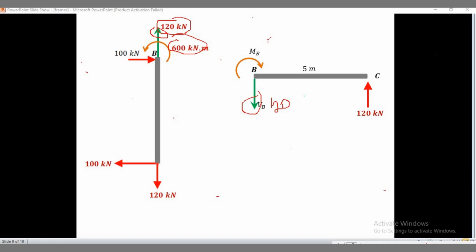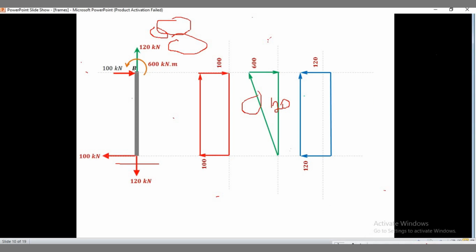Then, kapag nakuha na natin yung ating mga internal reactions, we can now draw the shear and moment diagram. So, for member AB, ito yung nakuha kong shear moment at saka axial force diagram. So, dito, again, yung orientation, kung nahihilo kayo, imagine niyo na yung orientation nito is parang dun sa may beam.